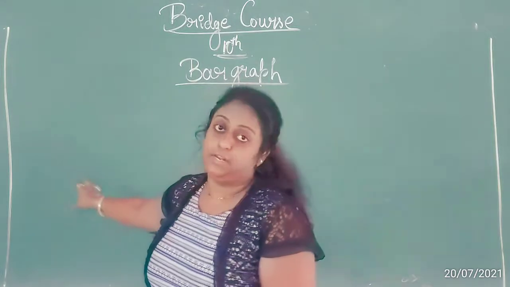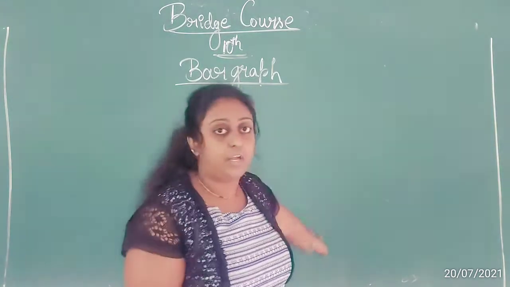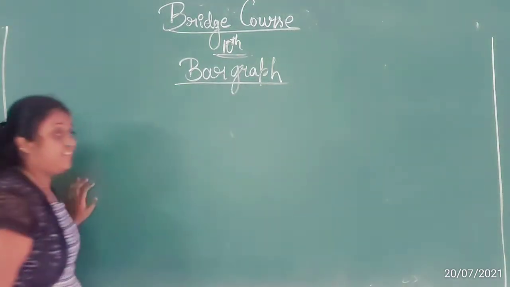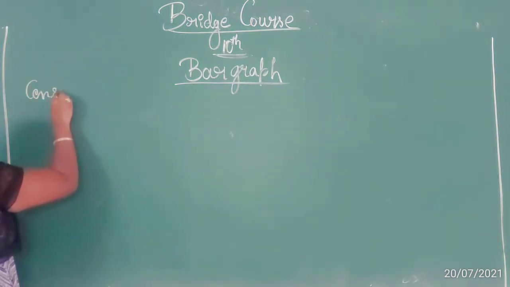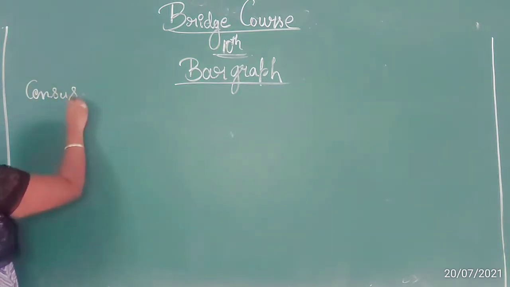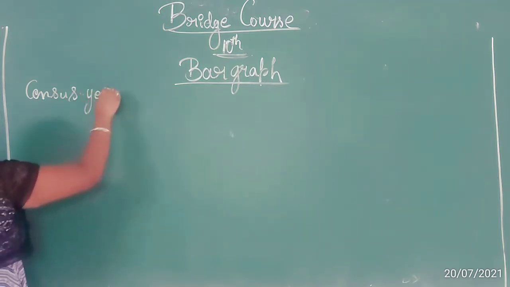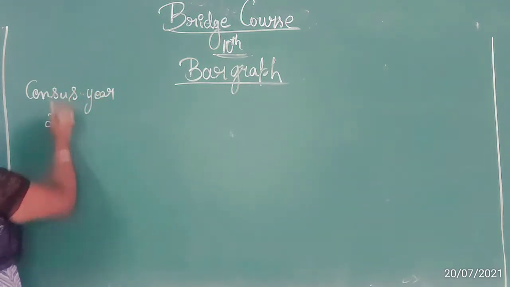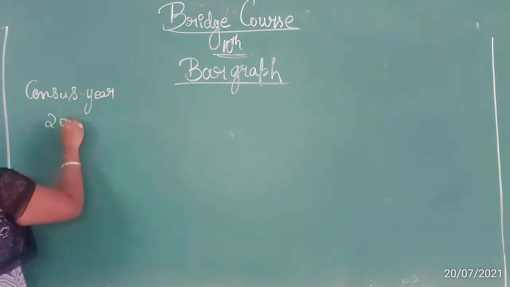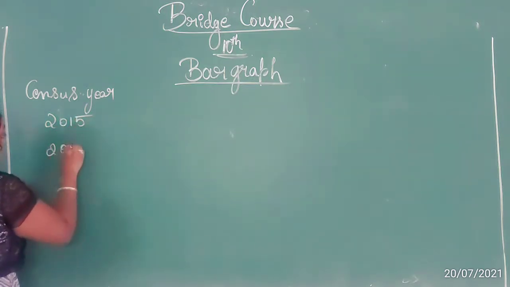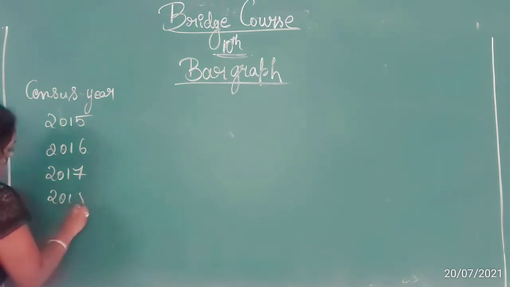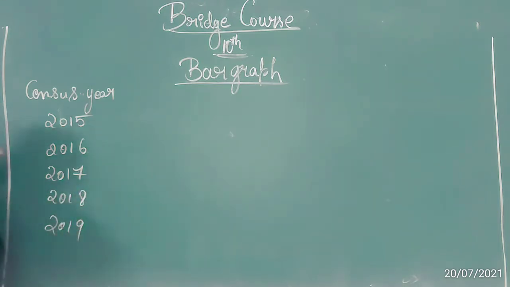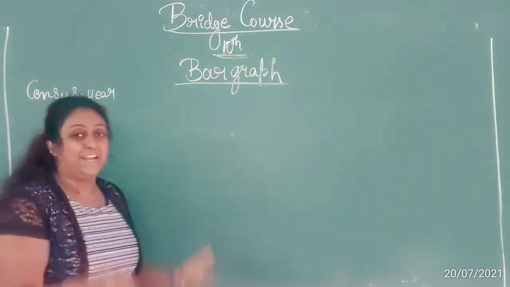Now the same thing I am going to write on the board and then I will be drawing your bar graph. First, I will write census year. I will start from 2015, 16, 17, 18 and 19. Till 19, because in 2020 everyone was busy worrying about the pandemic, corona.